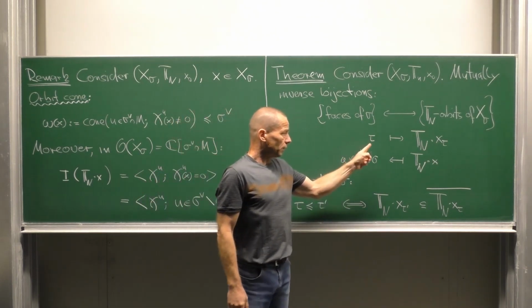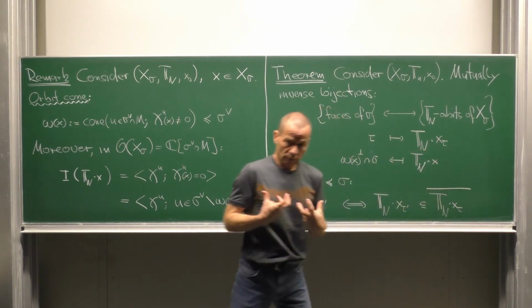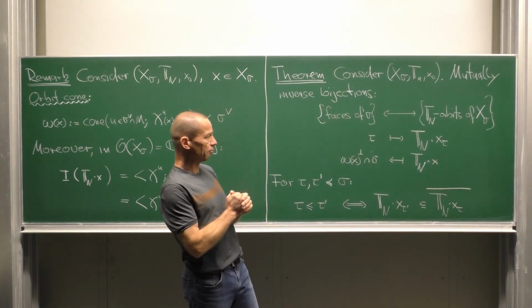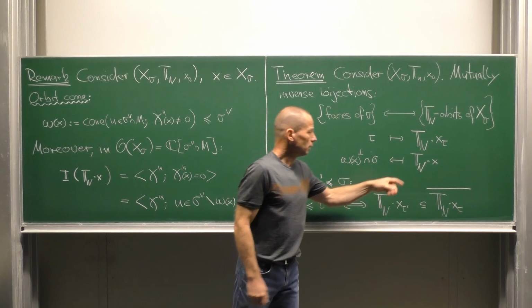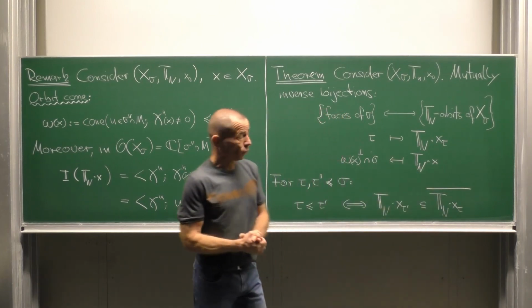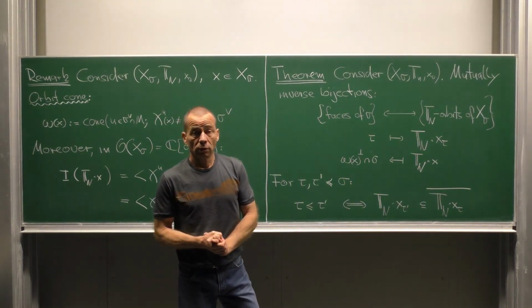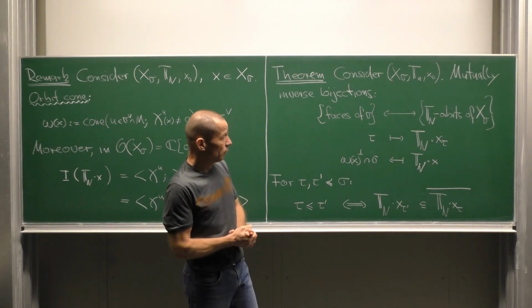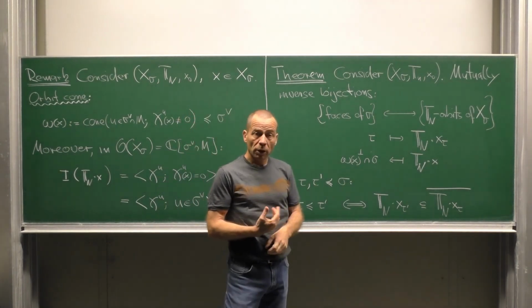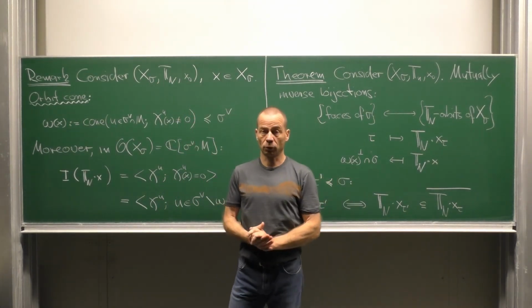A face is sent to the orbit through its limit point, and a torus orbit is sent to the face of sigma corresponding to the orbit cone.